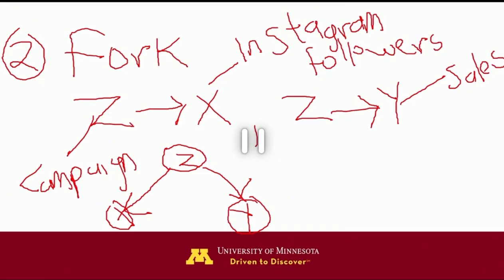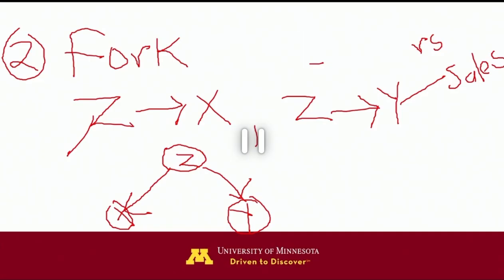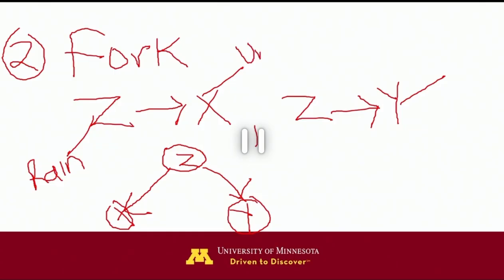Another example, if I want to go into weather. Please pay attention. It has a wide range of application. If Z is rain, the event of rain, and X, when it rains, people will carry umbrellas, right? They don't want to get wet, right?